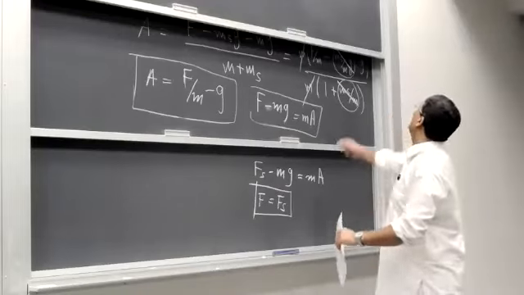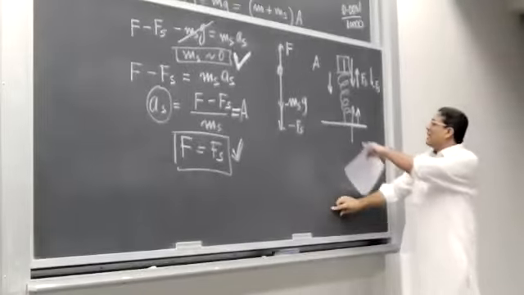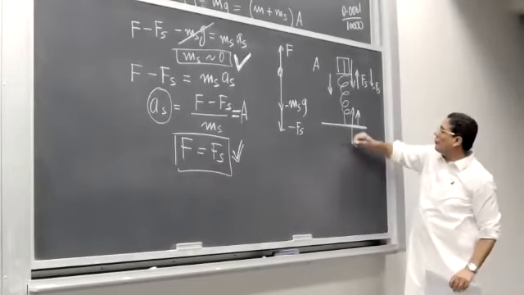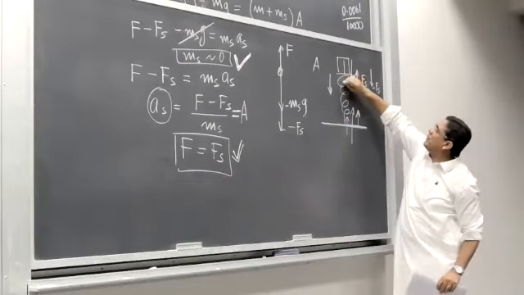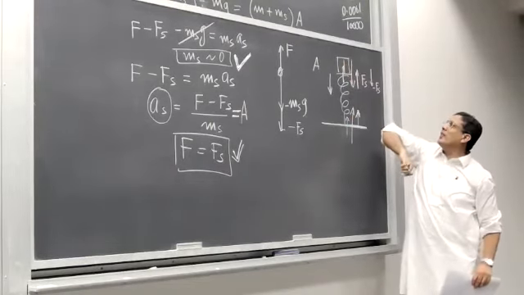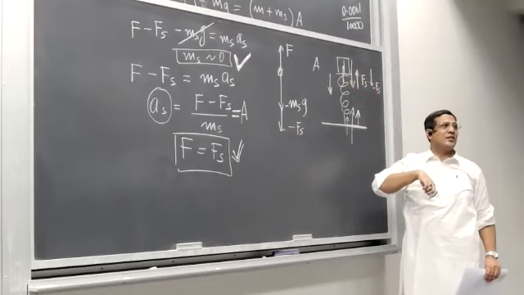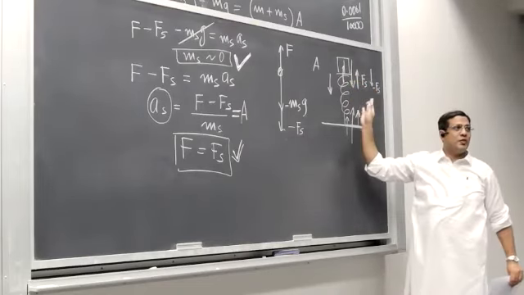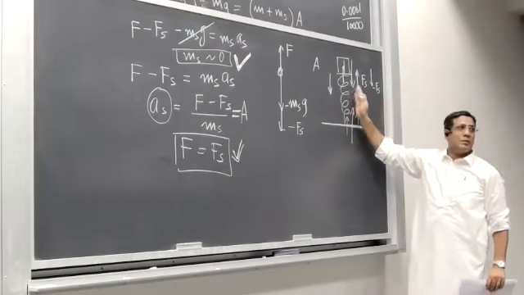What that means is that if the spring is massless, whatever force you are exerting on this end of the spring would transmit up to the block without any changes to the force. And this has nothing to do with Newton's second law or third law. This is because we're assuming the spring to be massless.